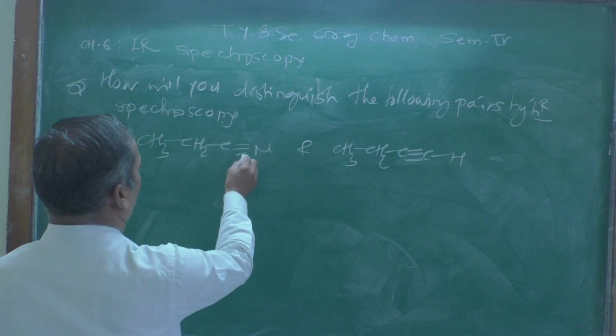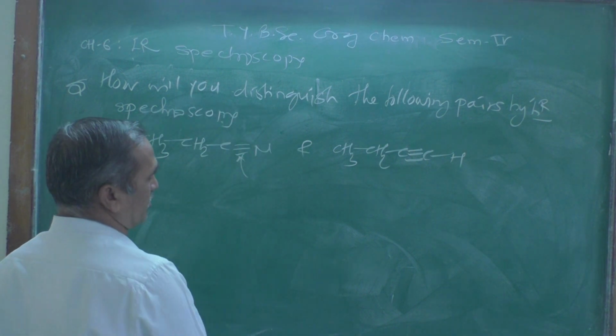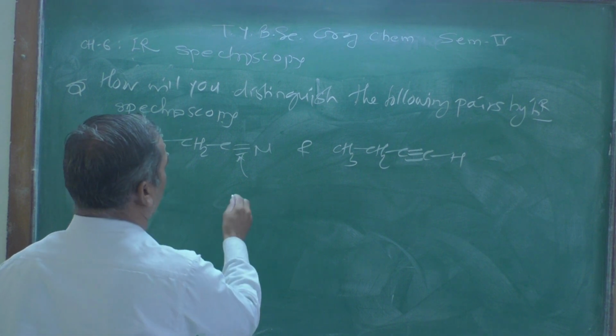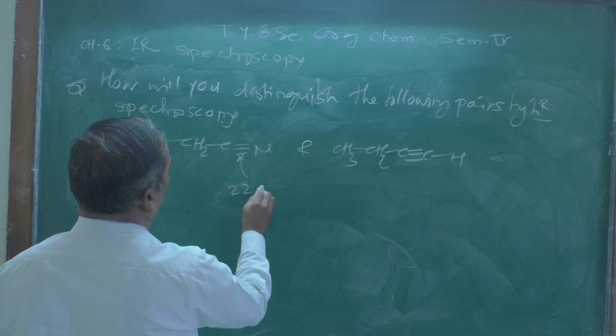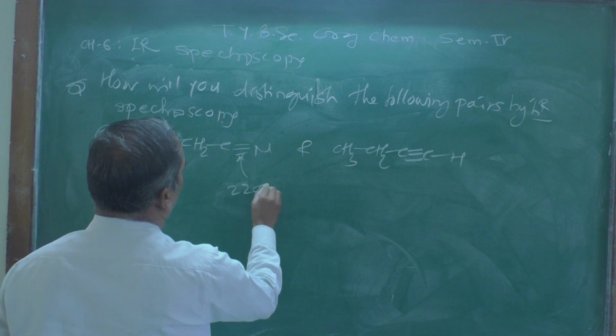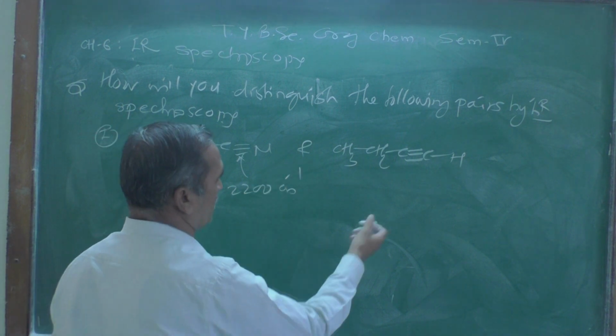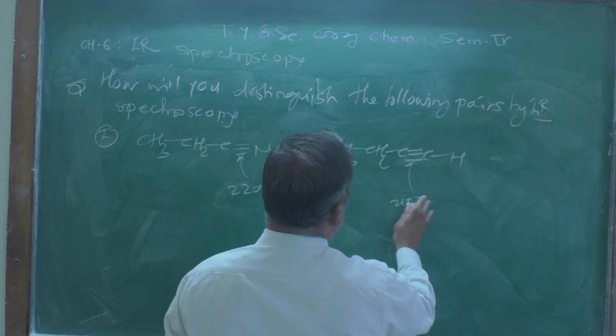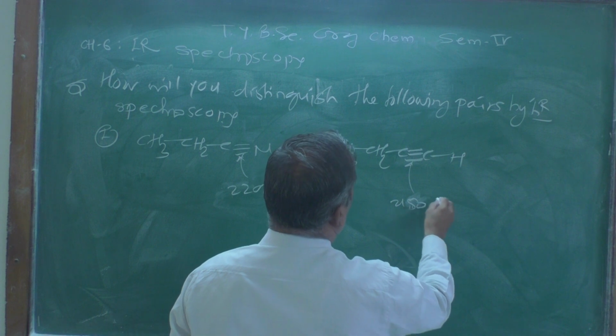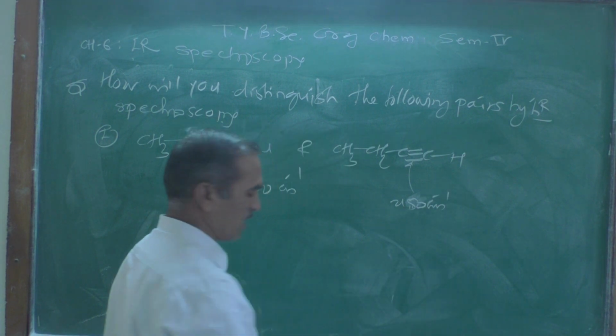So now here the carbon-carbon triple bond is present. The IR absorption band appears around 2200 per centimeter. Here the triple bond is also there, at 2150, or maybe nearly identical.